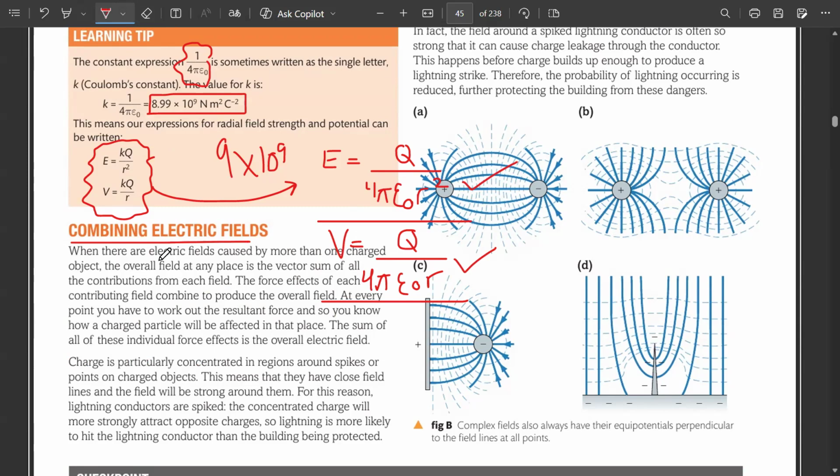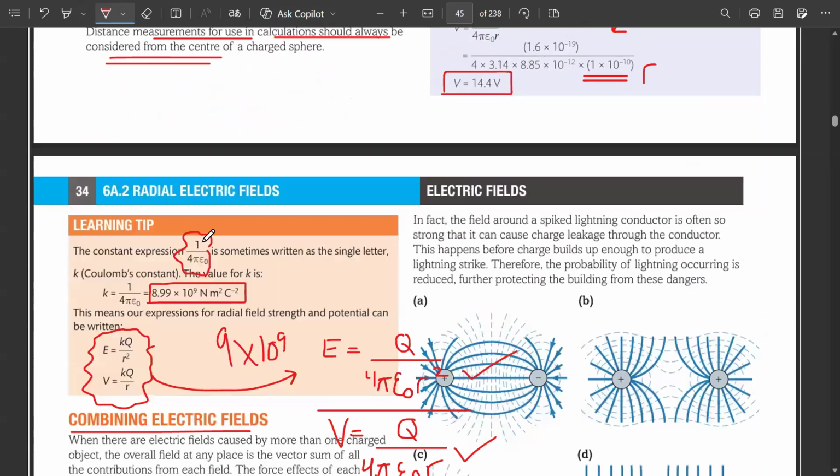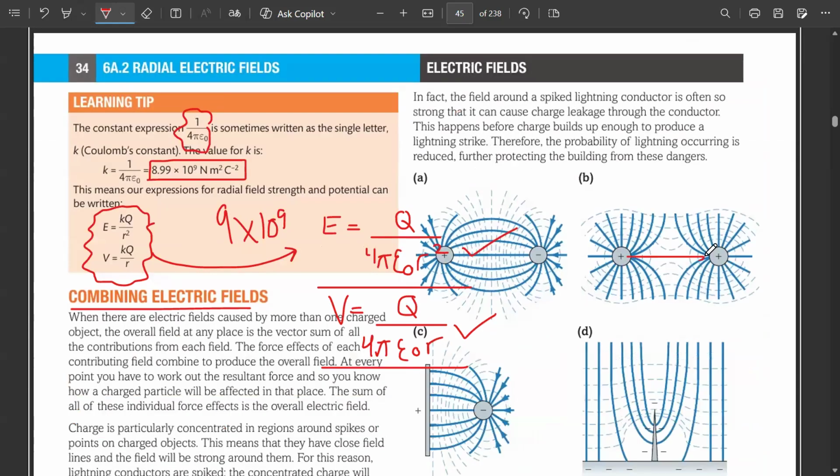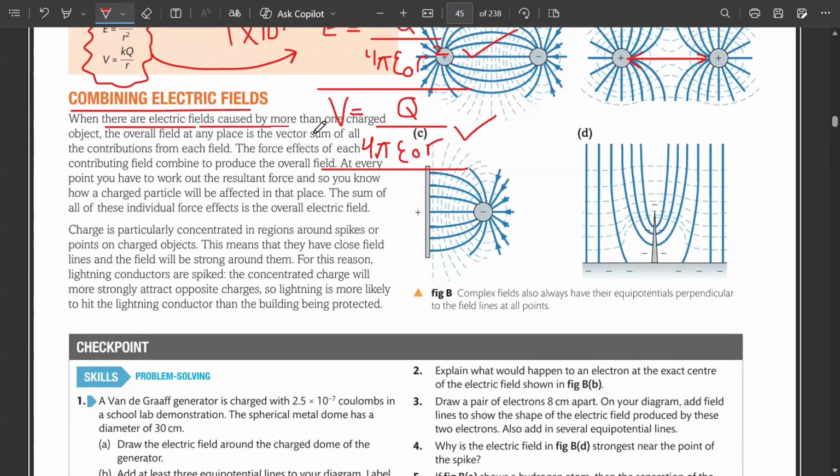Combining electric fields. Now if we take two point charges, right now we have just looked at one charge. Okay, so far what have we seen? Only one charge. Now we are going to look at two charges, the electric field strength between two charges, the force between two charges. When there are electric fields caused by more than one charge, the overall field at any place will be the vector sum of all of the contributions from each field.